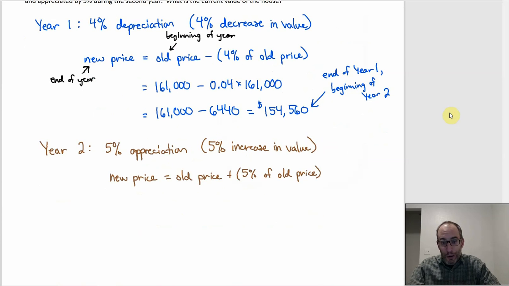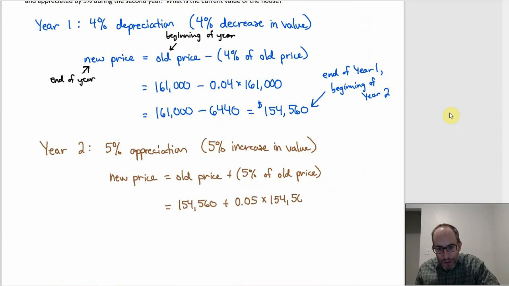And let's see. So now our old price is the 154,560, right? Because that's the price at the beginning of year two. So 154,560, and then plus, converting the 5% to decimal form, we'd have 0.05 times 154,560.